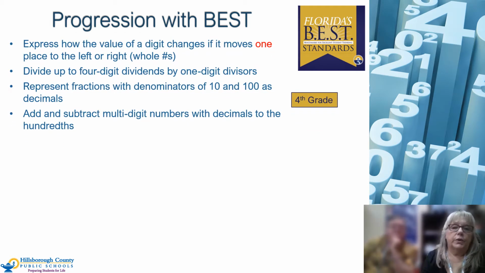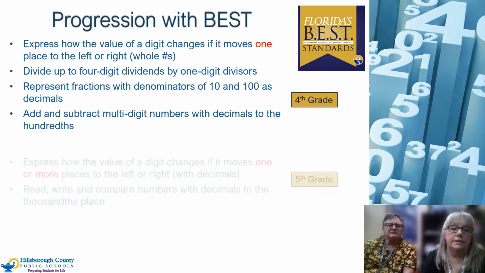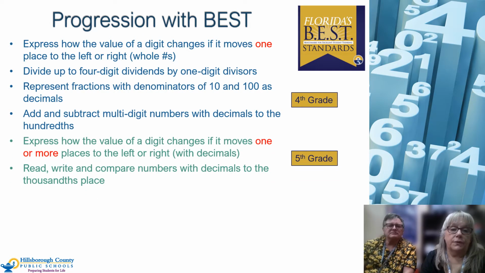So looking at the progression of BEST, in fourth grade, they worked with looking at how the values of digits changed as it moved one place to the left or right, whereas in fifth grade, they're doing the same thing but looking one or more places to the left or right for a movement. They did do division in fourth grade with up to 4-digit dividends by 1-digit divisors.